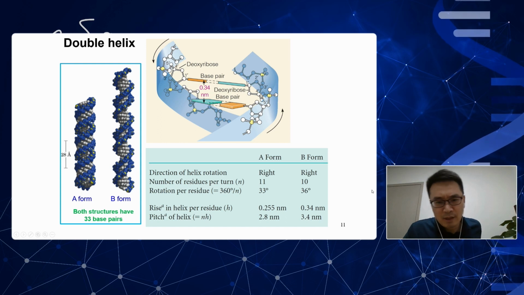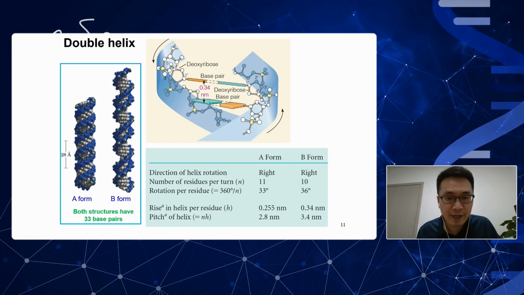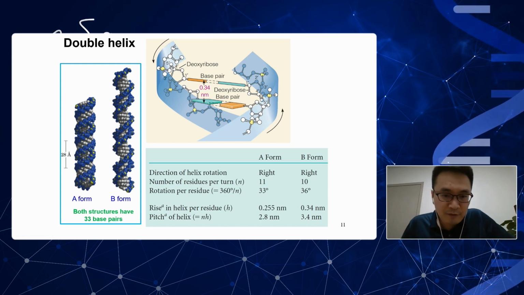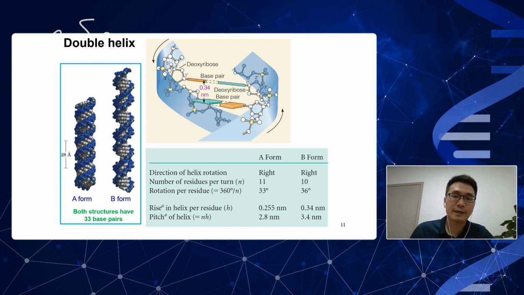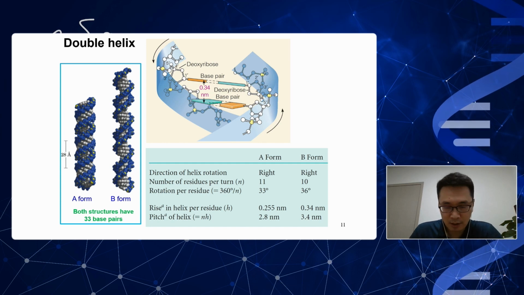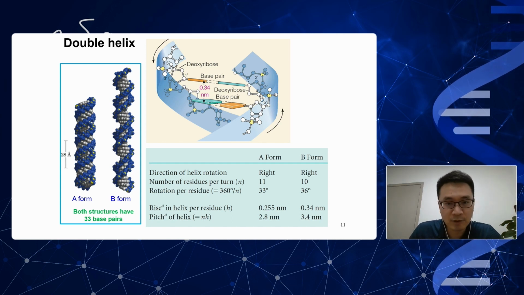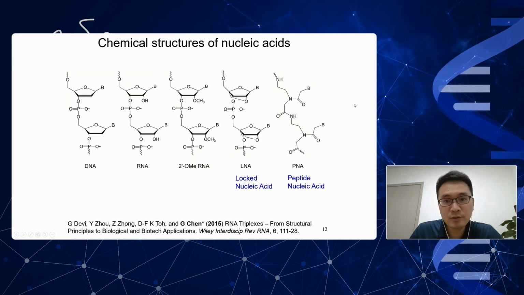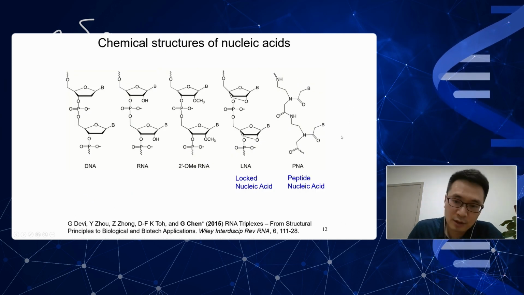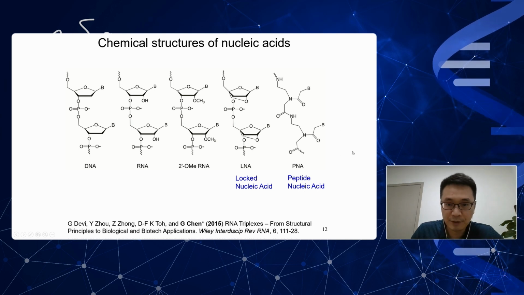So this twist and the rise, the difference between B form and A form, may allow us to find some molecules that can selectively recognize A form duplex instead of B form duplex. And so then we started to use PNA, as shown on this screen.